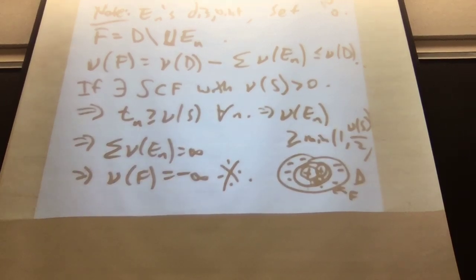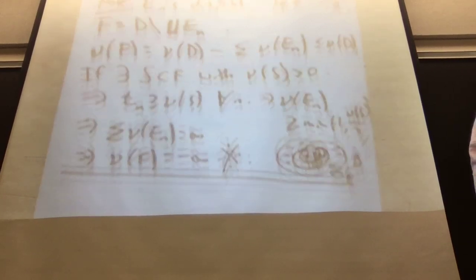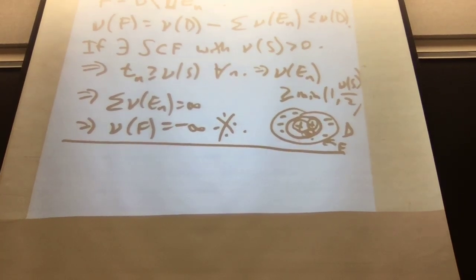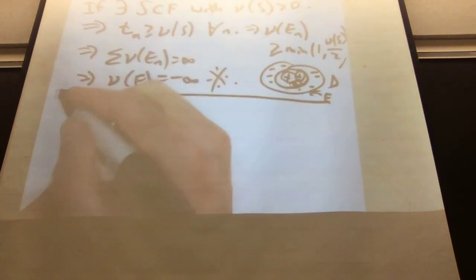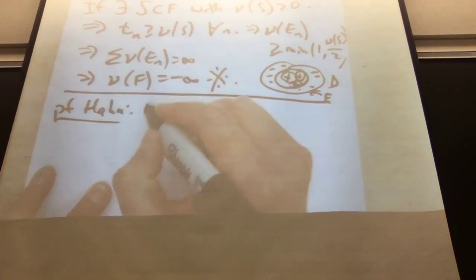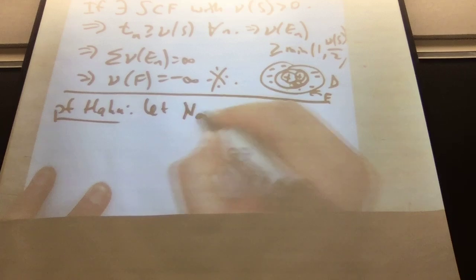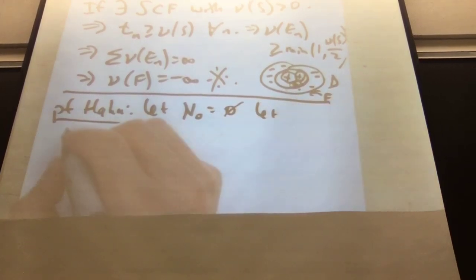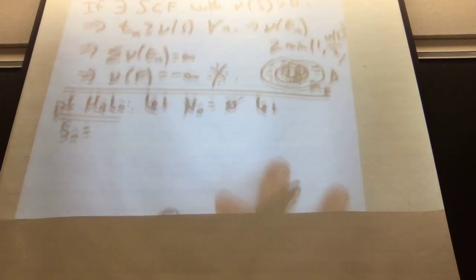Yeah. Okay. All right, so let's prove Hahn by a very similar argument, and let me try to do it in 4 minutes. Proof of Hahn. So start with N0 being the empty set. Let Sn, so we're going to run induction.